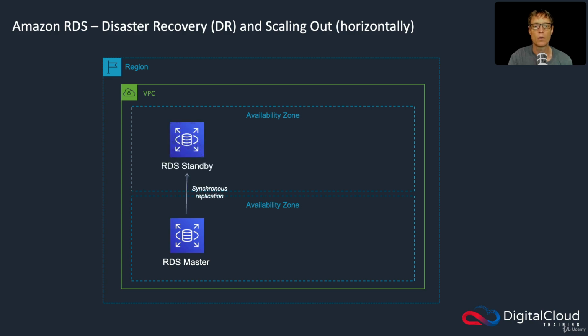Firstly, we have something called multi-AZ. Multi-AZ is the disaster recovery technology. In this case, you have your RDS master. This is your main database. This is the one that your applications are actually reading and writing to. So it's a live database. That database is then replicating synchronously to a standby database in another availability zone.